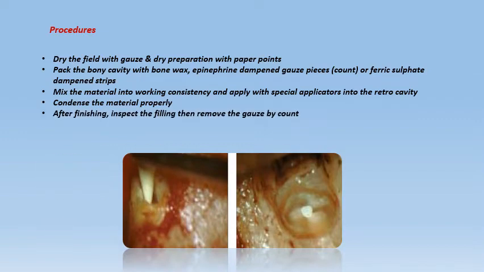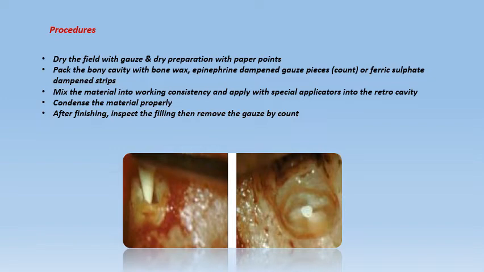After filling the material increment by increment, I should finish the material, get a dampened gauze with a bit of saline, remove all the flashes of MTA on the root surface, and inspect the root end properly. What should I see? I should see a look such as the picture on the right.